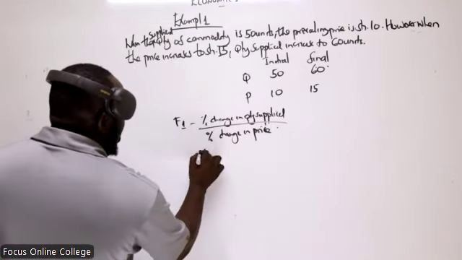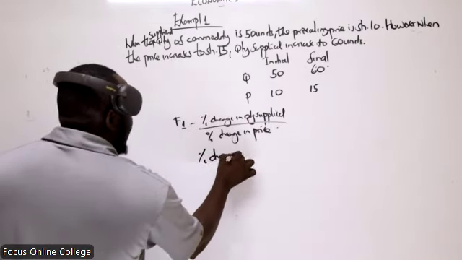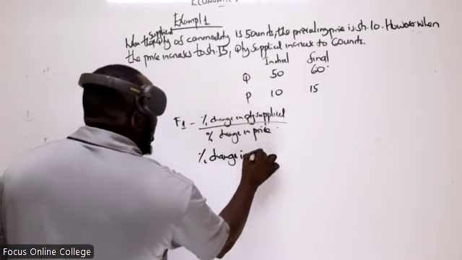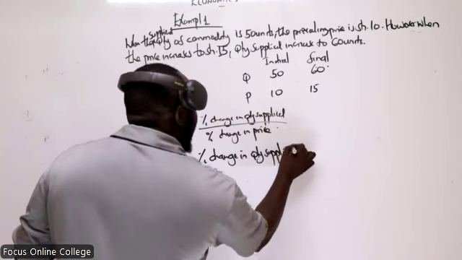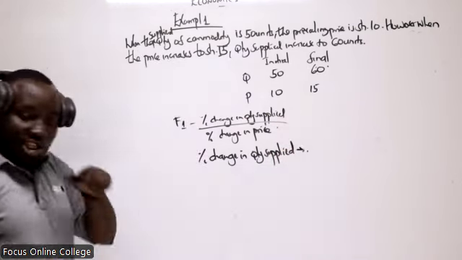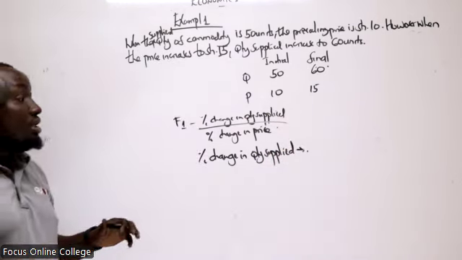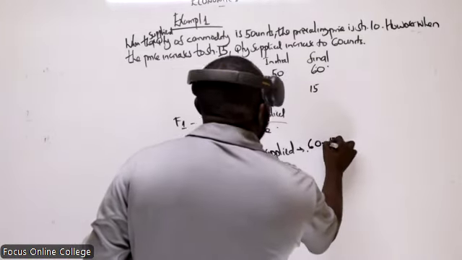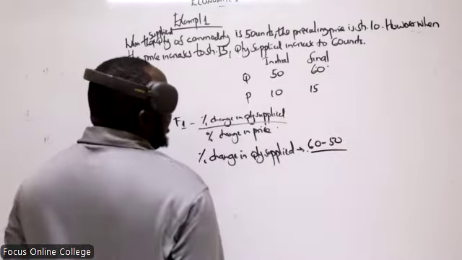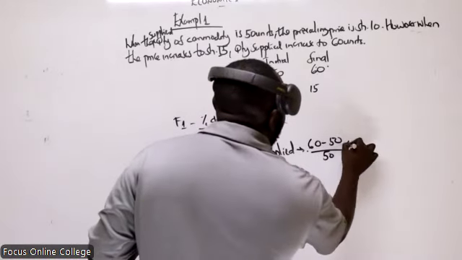So you can get the percentage change in the quantity supplied. What is the final quantity? It is 60 minus 50 over the initial, which is 50, times 100.